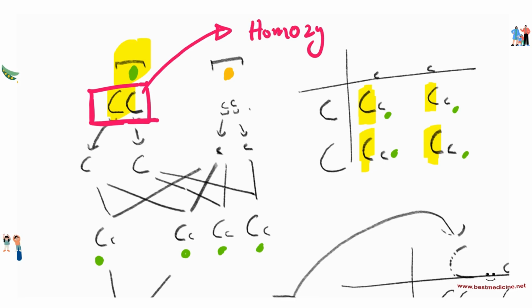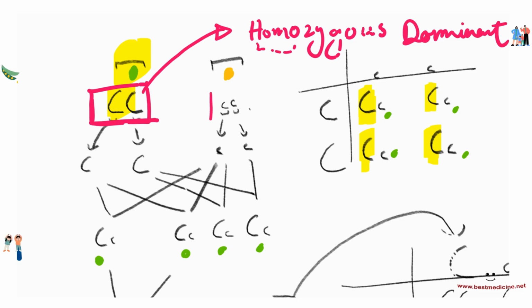Okay, homozygous. Homo means same, and zygous comes from zygote. So this particular zygote has 2 similar alleles, big C and big C. And because this particular one has 2 big C's, we call it homozygous dominant. Okay? Homozygous dominant.